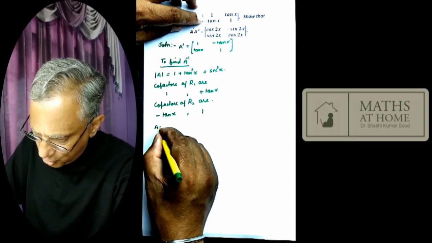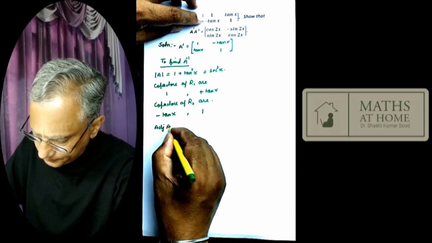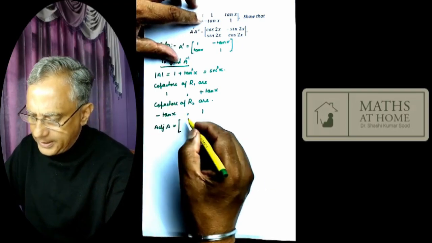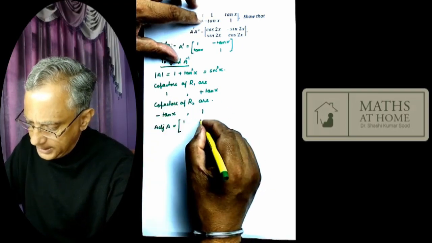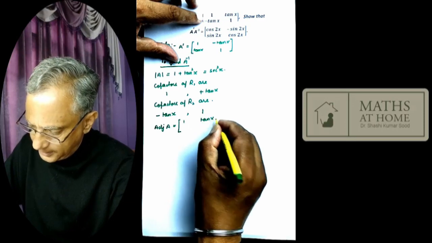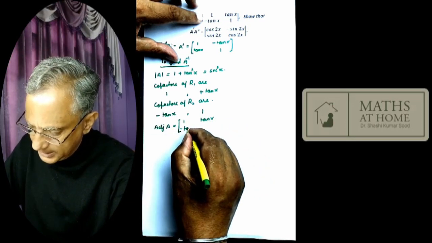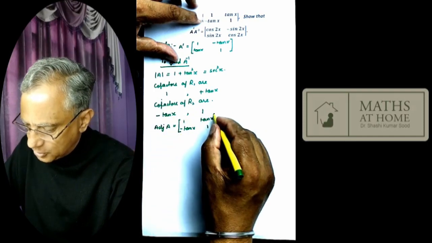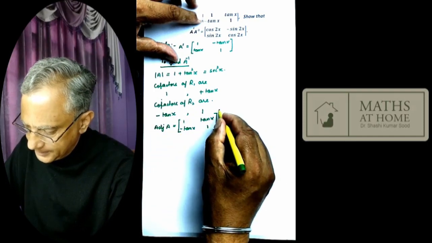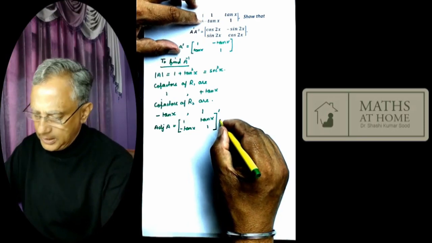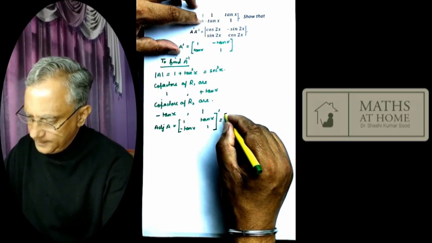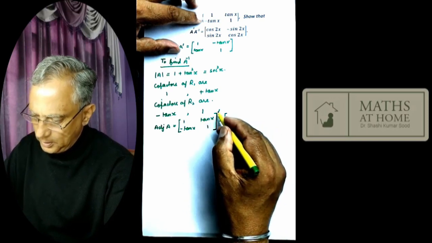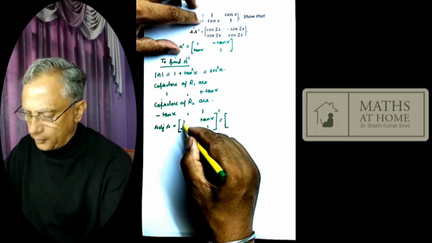Therefore adjoint of A is equal to, replace each entry by its cofactor. So we get 1, tangent x, minus tangent x. These are the cofactors of various entries. This transpose, and this is equal to now transpose of this.